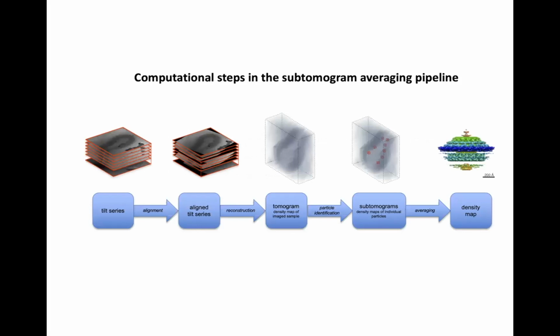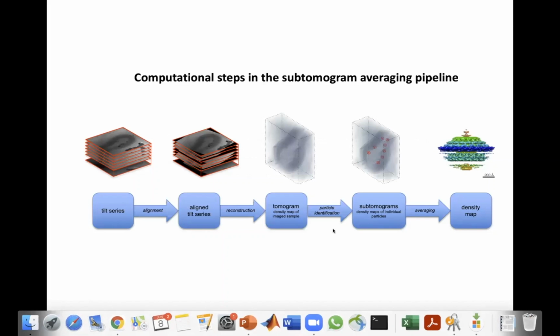So let's recapitulate what would be the standard pipeline when you are doing subtomogram averaging, or in general cryo-electron tomography, from the computational point of view. You would start with a tilt series. Well, actually, you would start with a lot of tilt series, but let's play with me for this simplification. That you have to align.